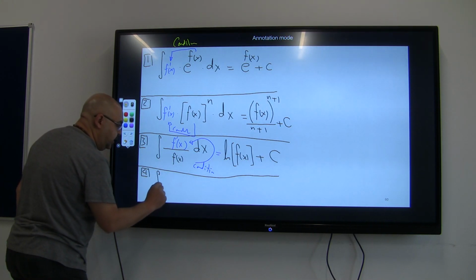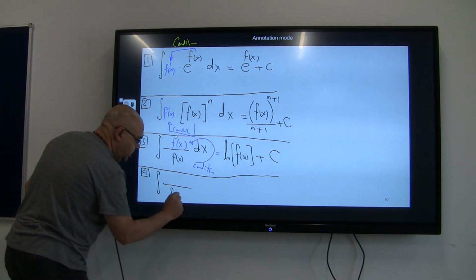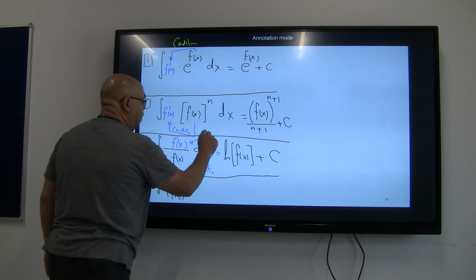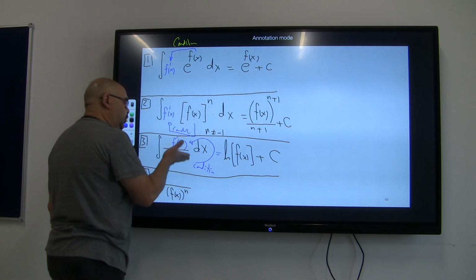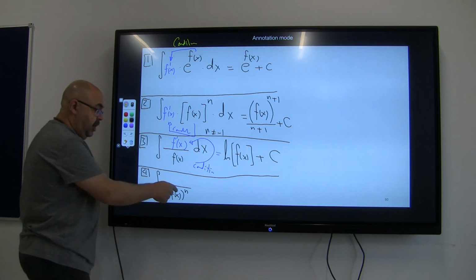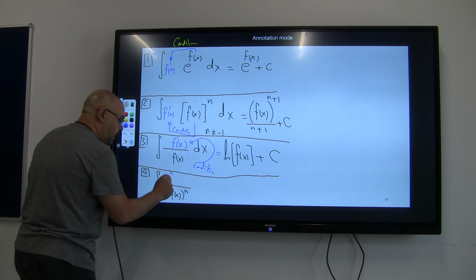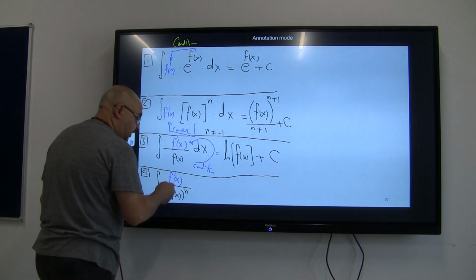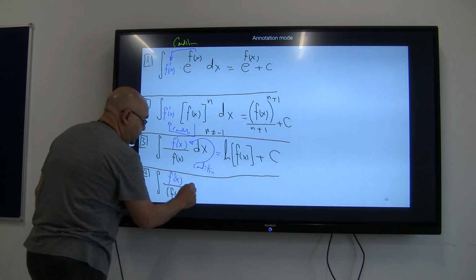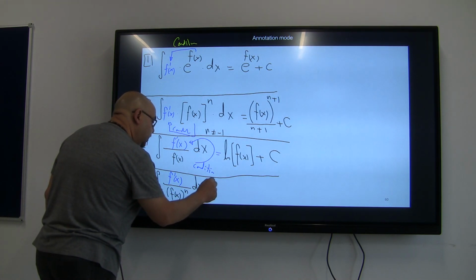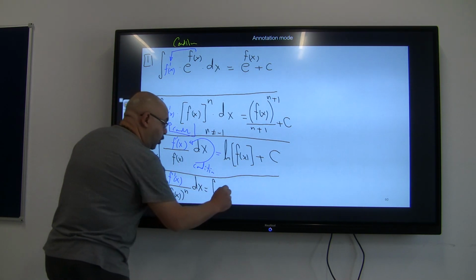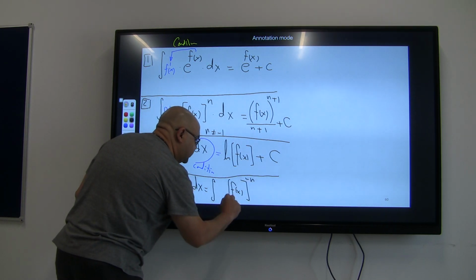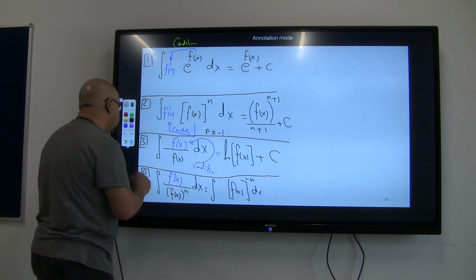If I want to integrate, please do take care of this: 1 over f of x to a power of n, where this power doesn't equal negative 1. We already saw the case where the power equals negative 1. If you have any other number, the same condition applies. I will have to have the derivative of the function in the denominator, dx. See how I'm going to treat it. I will make the integration for f of x to the power of negative n. First I will have to do this.